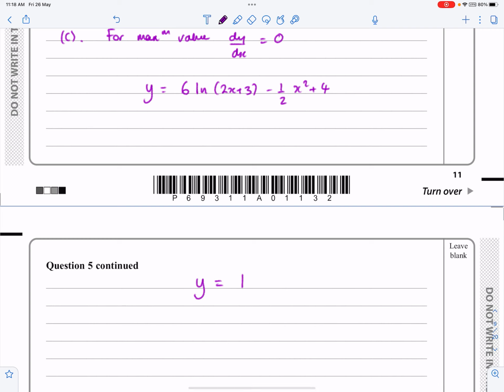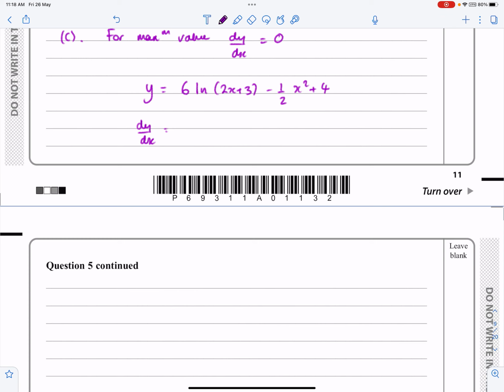So just a quick reminder of what we do with logs. If I've got log of some sort of function here, the differential is 1 over the function multiplied by f dash x. Go away and just check that yourselves if you're not sure about that. This is dy by dx. So here, dy by dx, I've got the 6, I just ignore 6, it's just a constant.